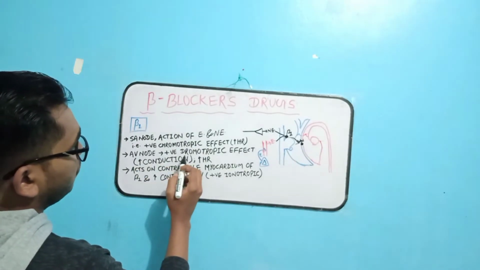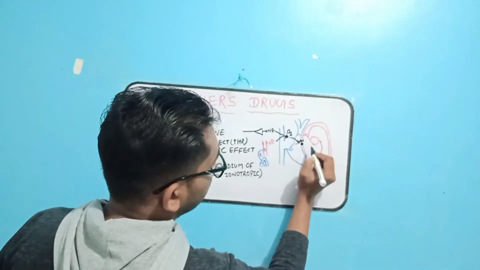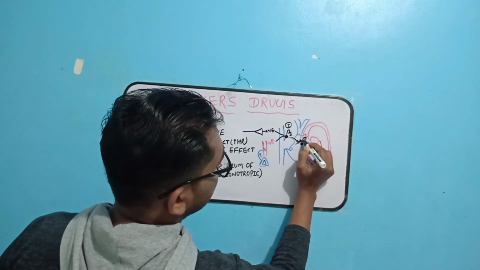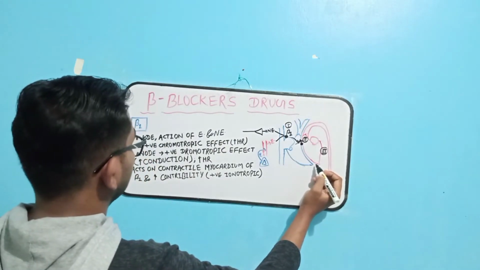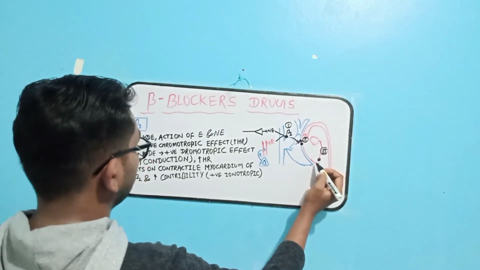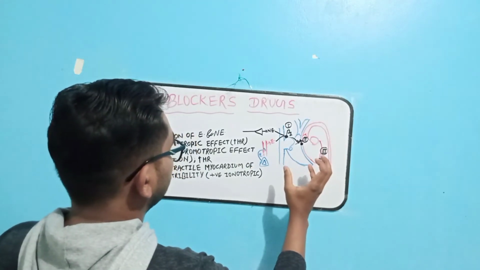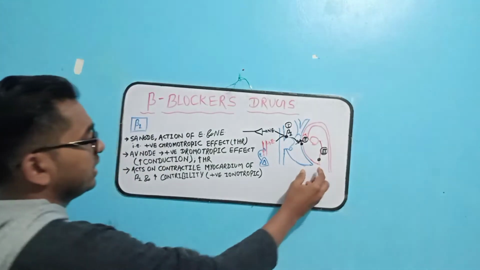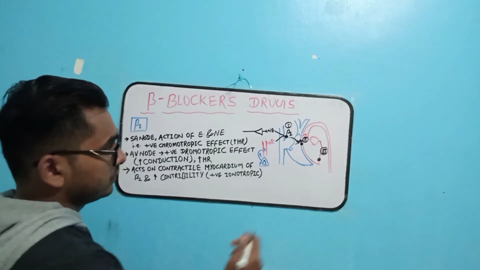And third, it acts on the contractile myocardium cells, which leads to an increase in the contractility of the heart. When there is an increase in the contractility of the myocardium cells, that leads to a positive inotropic effect on the heart.